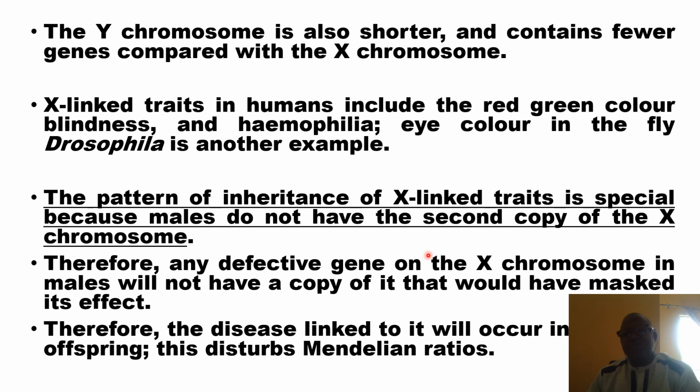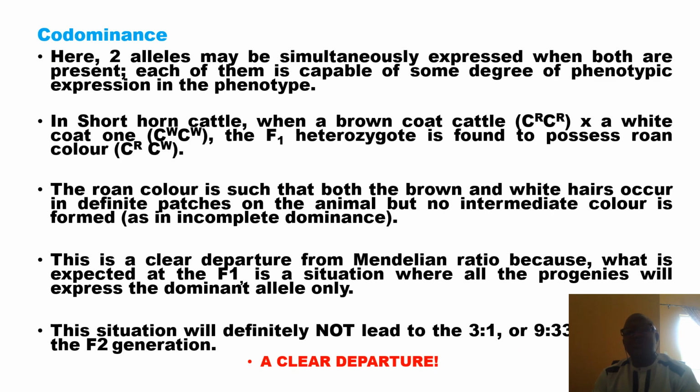Therefore, when there's any defect on the X chromosome in males, there will be no copy of it that would have masked the effect from showing. Therefore, the disease linked to it mostly occurs in male offspring, and this disturbs classical Mendelian ratios.